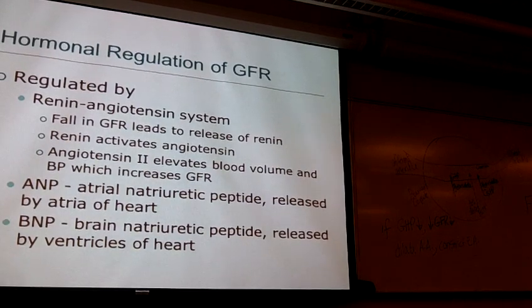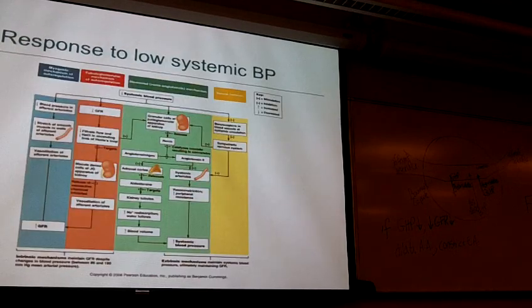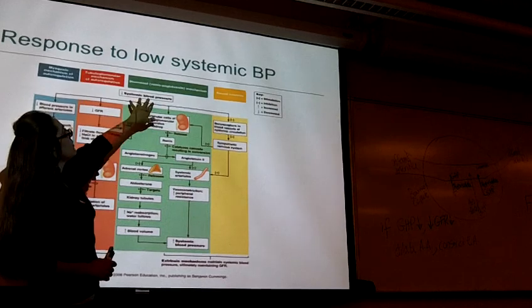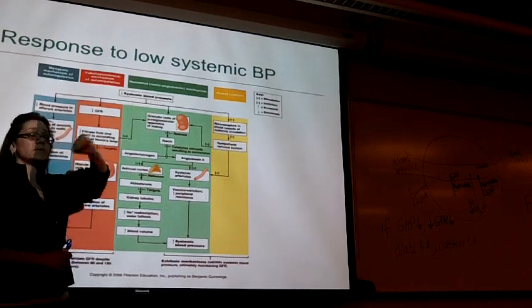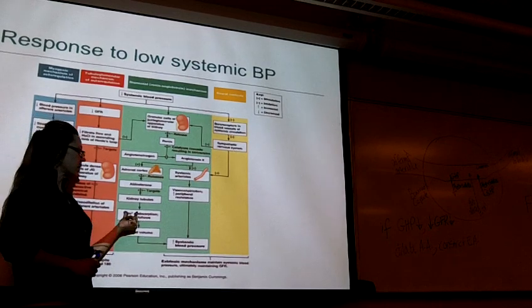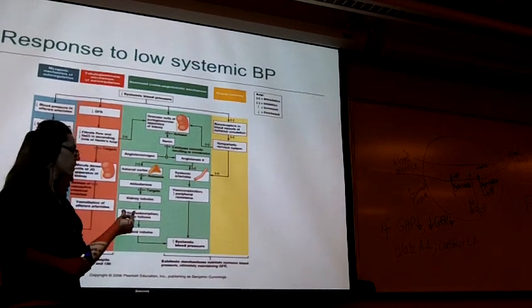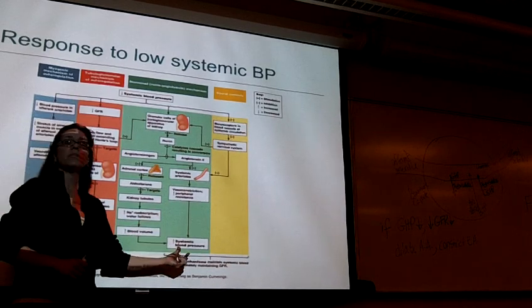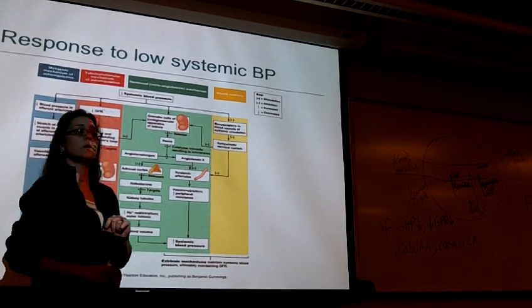So aldosterone, we said, is released if blood pressure systemically drops. And what aldosterone ultimately is going to do is cause more sodium to get reabsorbed, more water to get reabsorbed, increases blood volume, that increases blood pressure.